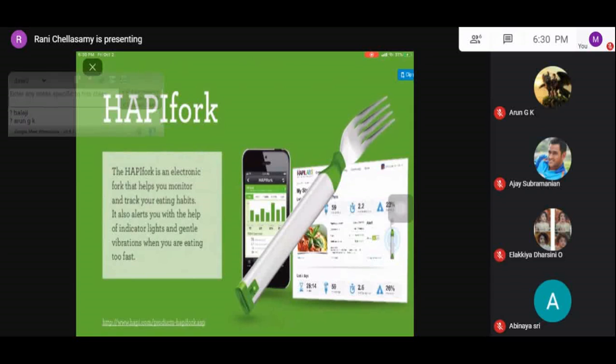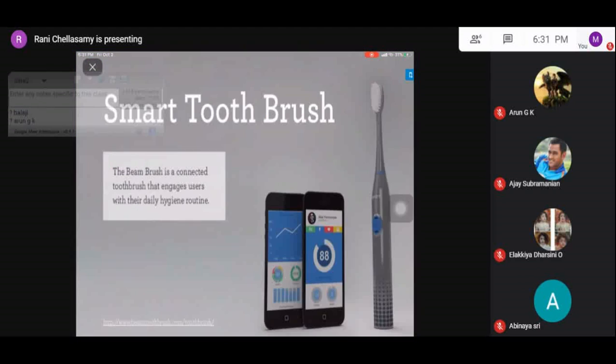The light will be on or off, and gentle vibrations will be there when you eat too fast. It will analyze your eating habits. This is one application.